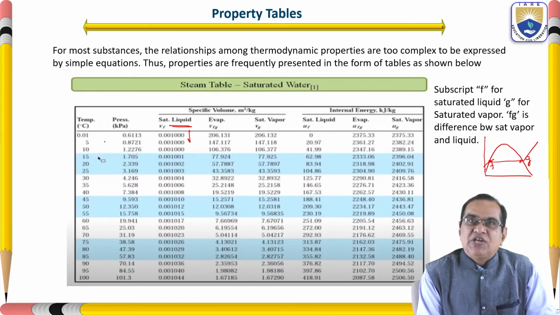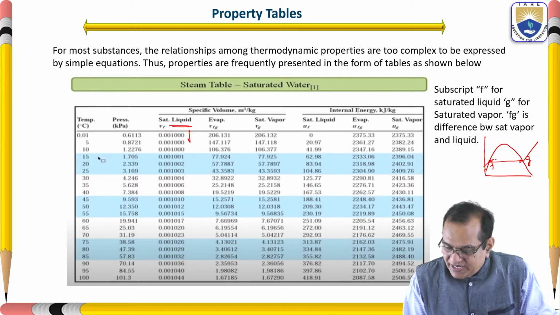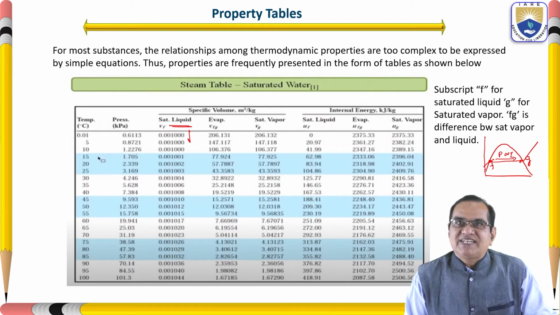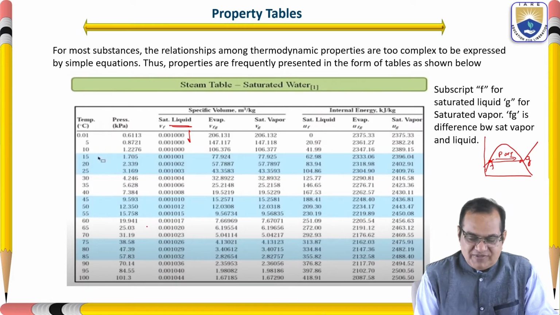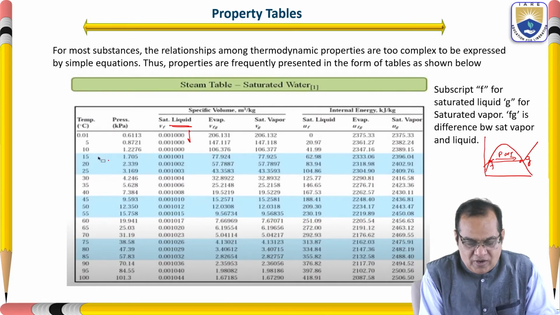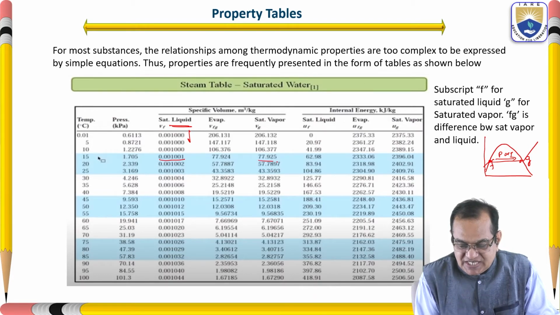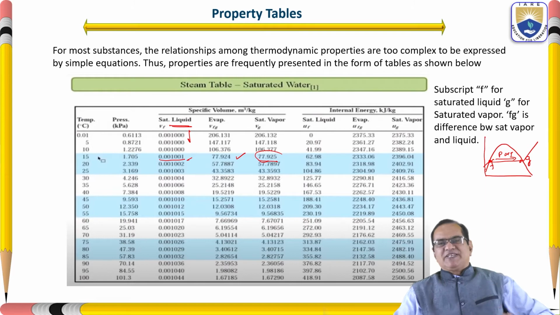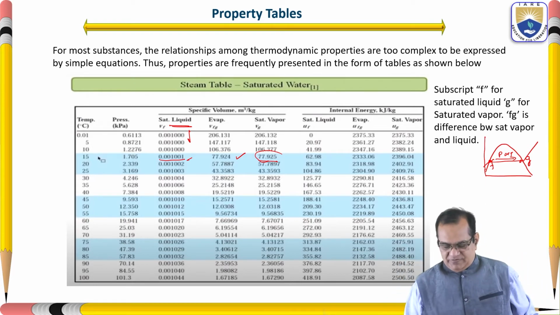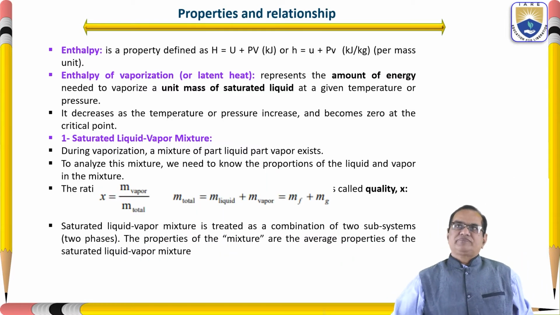You need only one quantity, either P or T. So 5 degrees centigrade, 100 degrees centigrade, 65, these are all mentioned here. From there you can go one by one, like 15 degrees centigrade, you find out Vf. So Vf is this and Vg is this, and this minus this, you will get this. Here it is directly mentioned. In the same way, all the properties we can find with the help of our tables.